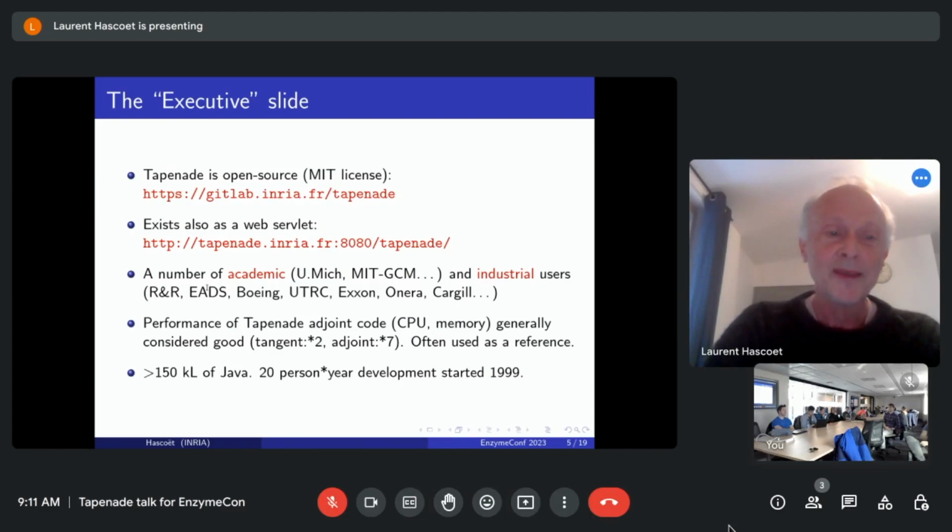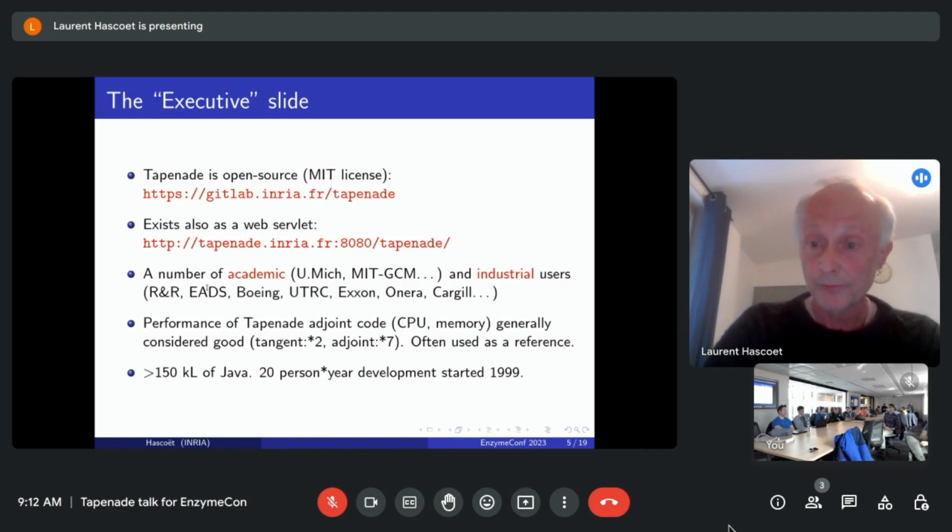Now it is. The performance of Tapenade in CPU and memory is generally considered good. In general, the slowdown of the tangent code with respect to the primal code is about 2, and the adjoint or gradient slowdown is about 7. Well, it may change, of course, according to the example.